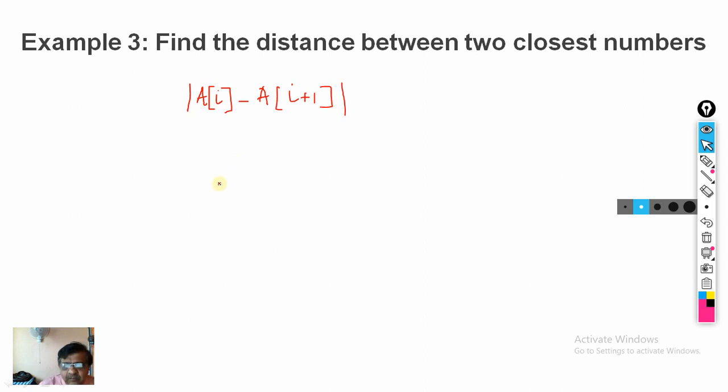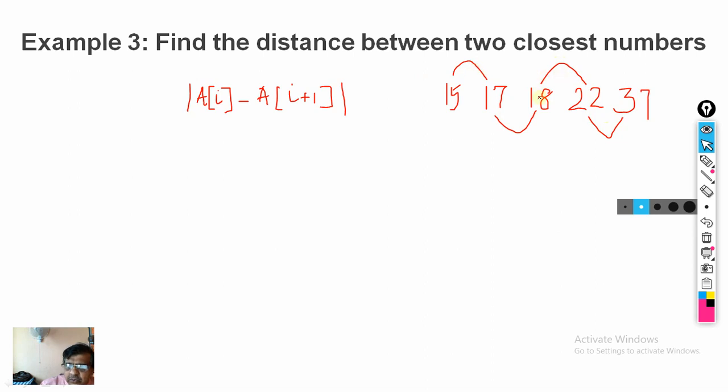Therefore, if we arrange the array in ascending order, let us say 15, 17, 19, 22 and 37, we will find the difference between these two. So one comparison, and the distance between these two, these two, these two. So 1, 2, 3, 4.